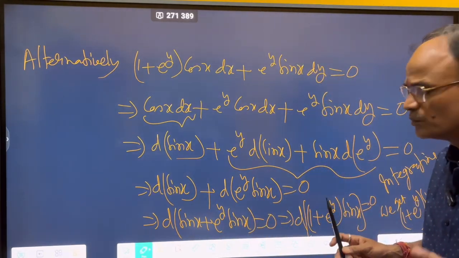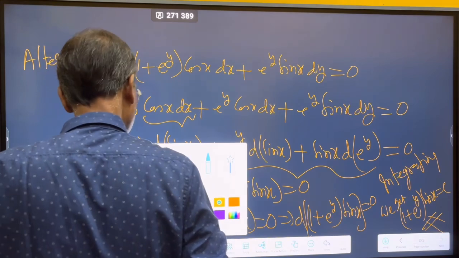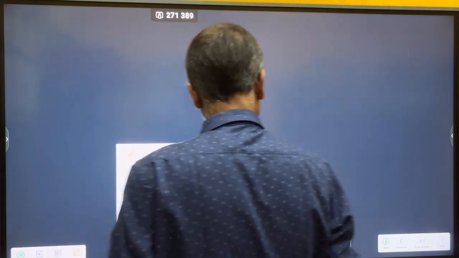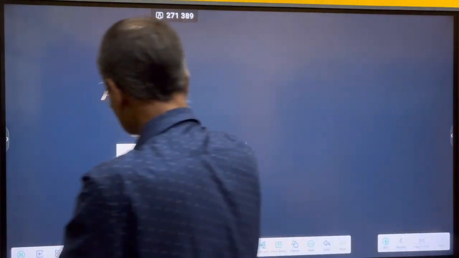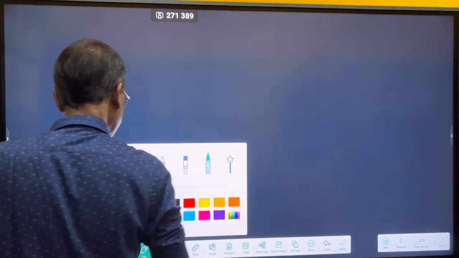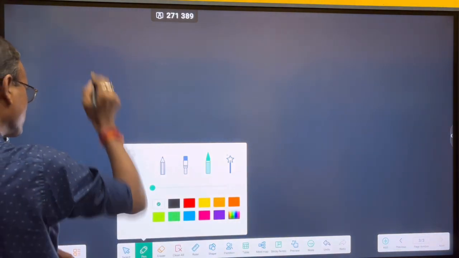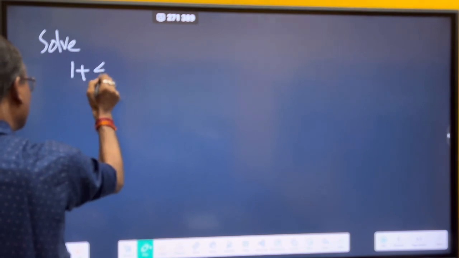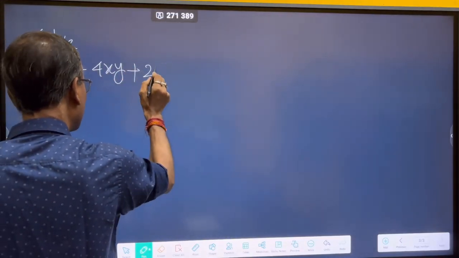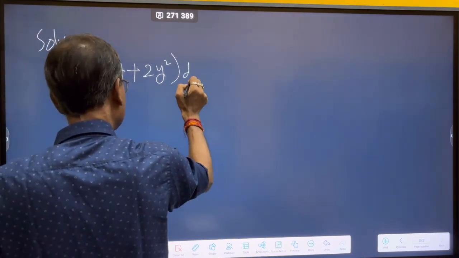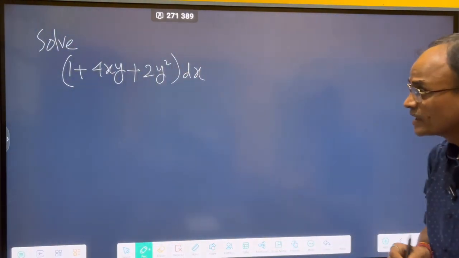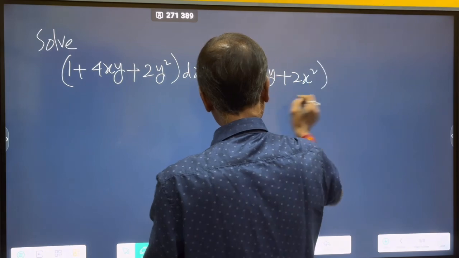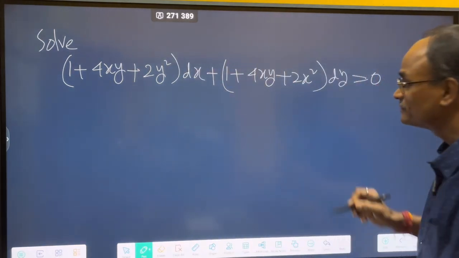Let us take another example. Solve (1 plus 4xy plus 2y square) dx plus (1 plus 4xy plus 2x square) dy equal to 0.